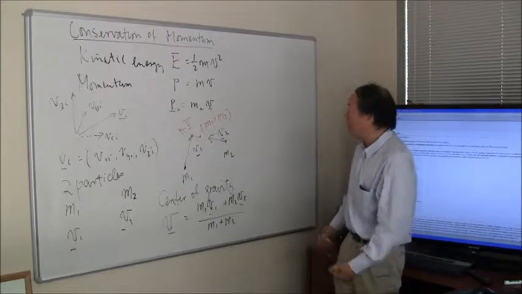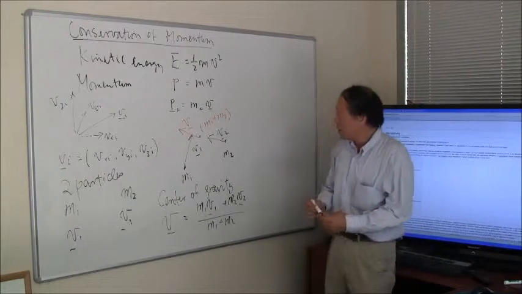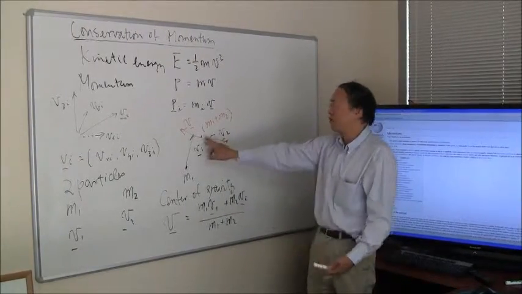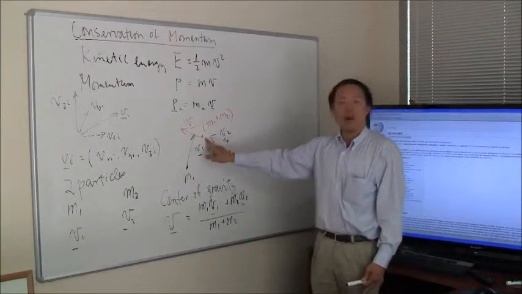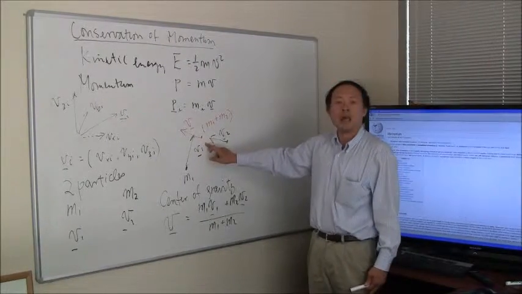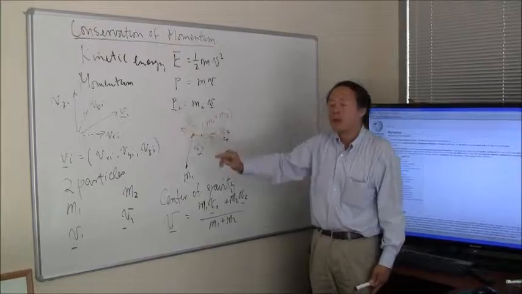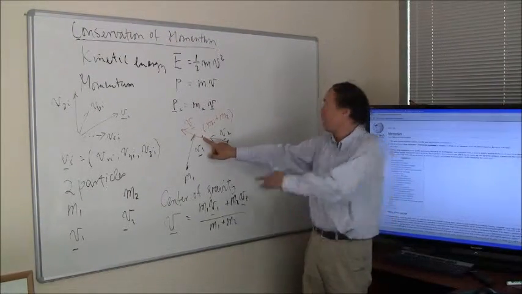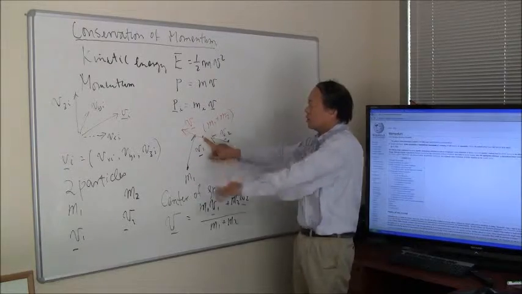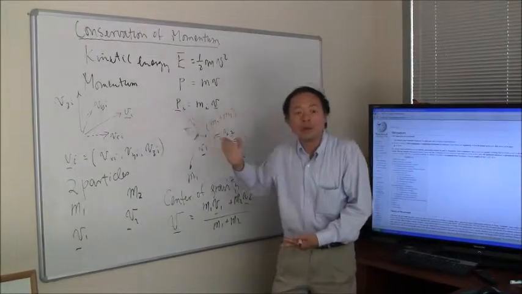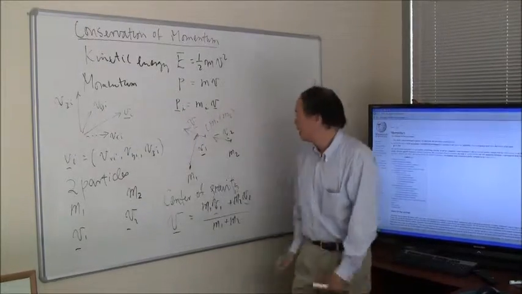Very often it's advantageous to look at the motion of two particles from the reference frame of the center of gravity. As the position moves, we take this red point with mass m1 plus m2 and velocity vector v as the zero, the frame of reference of motion.